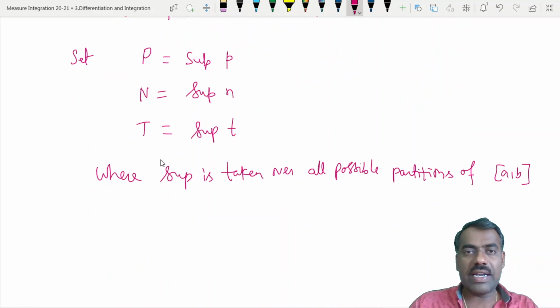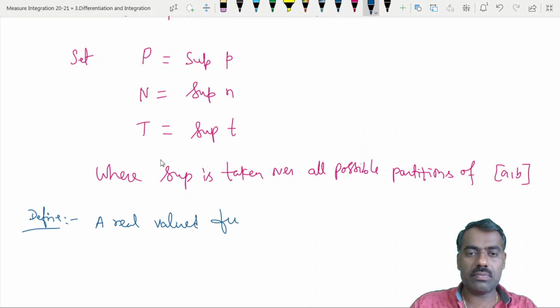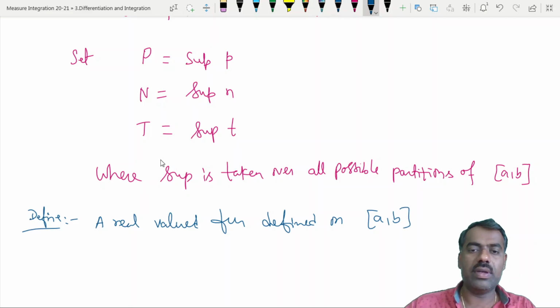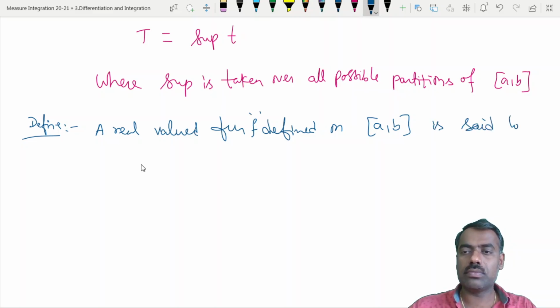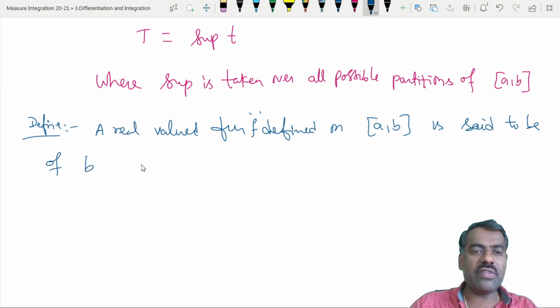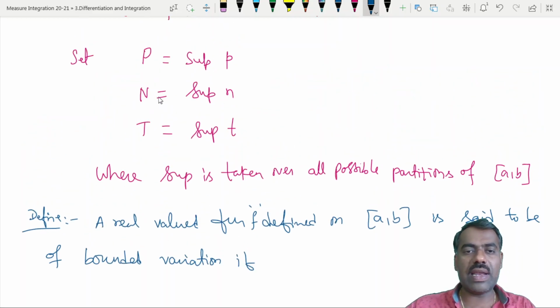And now with this notation, we'll define that a real valued function f defined on A comma B is said to be of bounded variation if this t is finite. Whatever value we are getting for this t supremum, that should be a finite value.